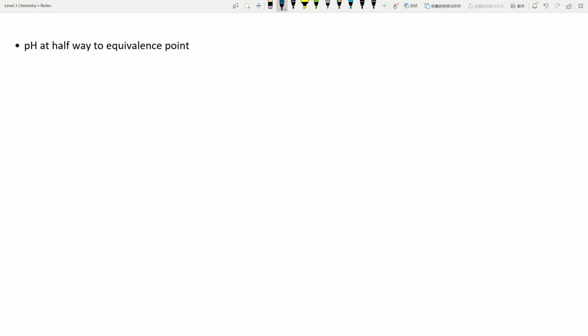Now I do want to just quickly talk about what equivalence point means. I mentioned this later as well, but equivalence point is when the mole of the acid equals the mole of the base, because that's what equivalent means, doesn't it? Yeah, because you have completely neutralized each other and you don't have any more of it.